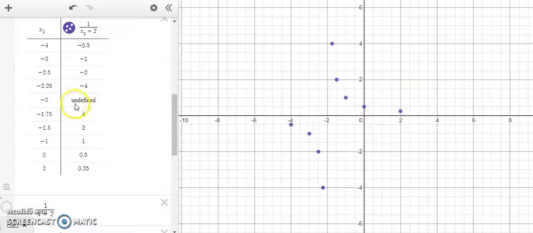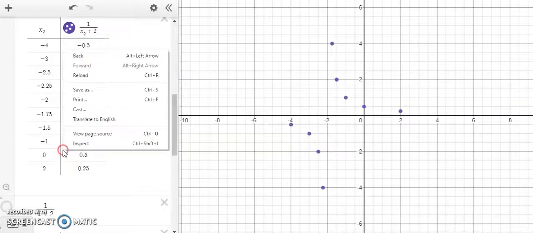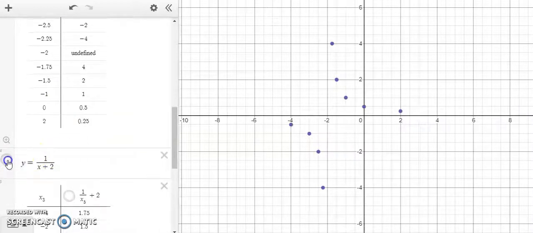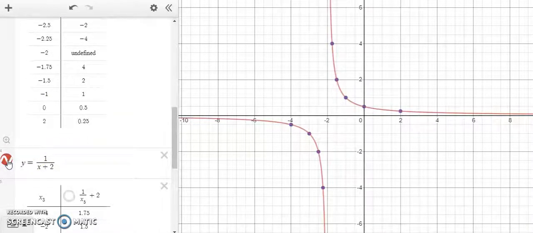But what's different now is that the undefined value is at -2 instead of at 0, because again, we can't divide by 0. So whatever I see in the denominator, whatever brings that to 0 is my undefined point. So if I see an x plus 2, I know that -2 is my asymptote. So when we graph it, we get the same shape, only it's been shifted to the left 2 spaces.